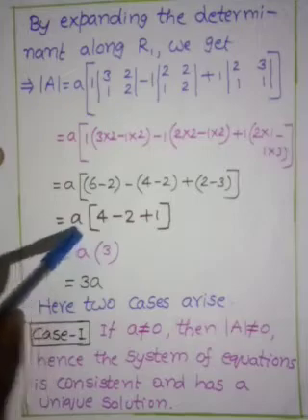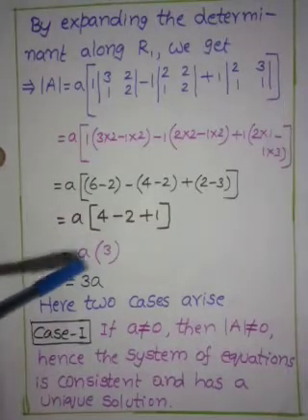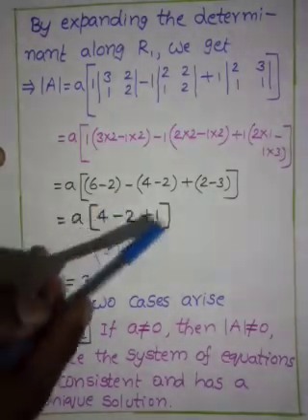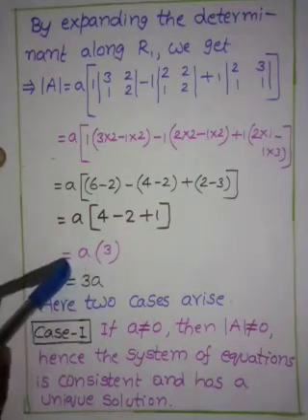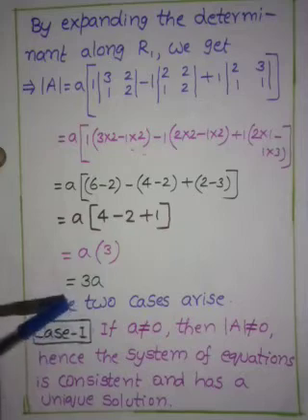Understood this step, my dear children? Right. Simplifying, 4 minus 2 minus 1 gives 1. That is equal to a into 1, which is a. Understood this step, my dear children? Right.